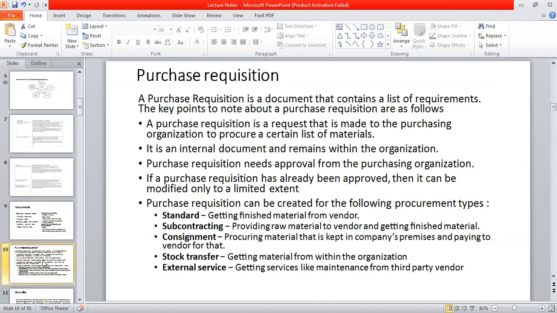If a purchase requisition has already been approved, then it can be modified only to a limited extent. In some organizations, they have a control where, if there are errors within a purchase requisition, the whole document will be cancelled and a new requisition will be raised.